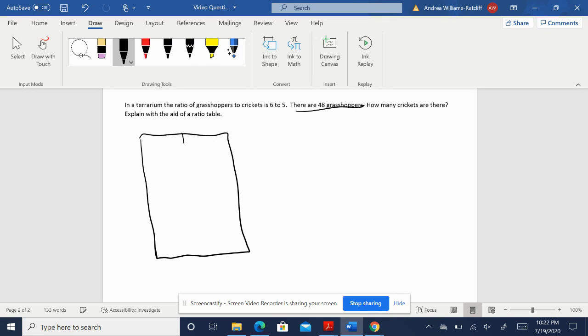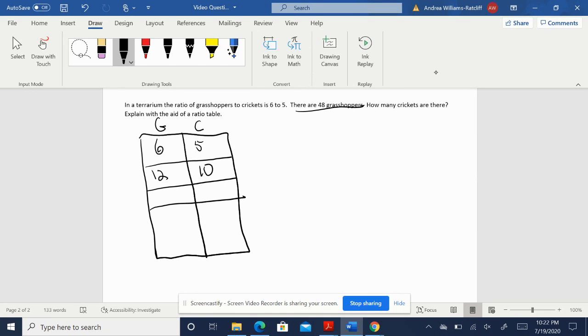Basically, this ratio table is just going to help me draw out the possibilities between the counts of grasshoppers and crickets. Okay, so I know I can start out with 6-5. Now, some of your younger students, or those who maybe have not come up with efficient means of going through calculations like this, might just continue to double and triple and so forth.